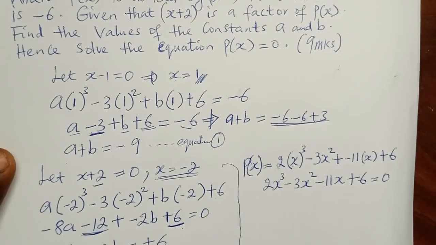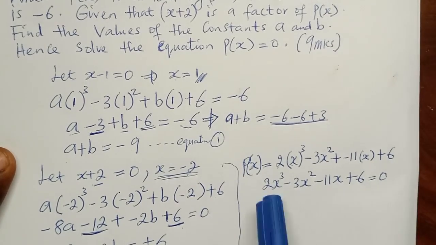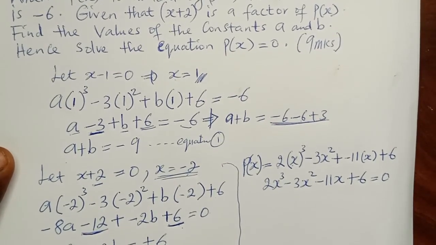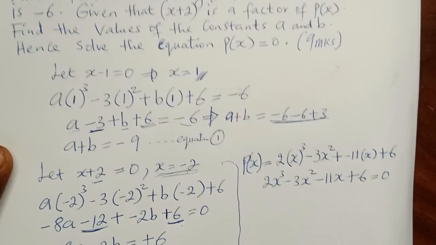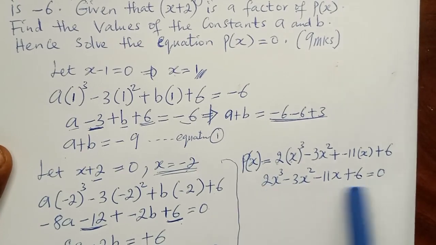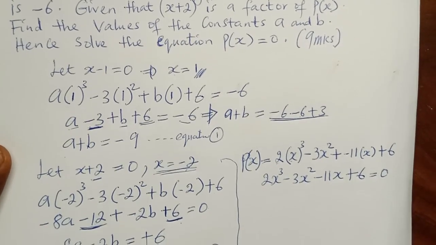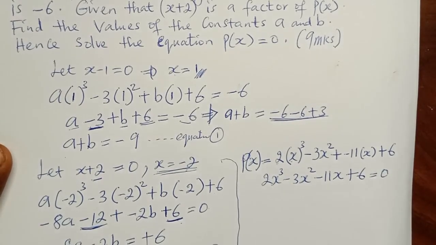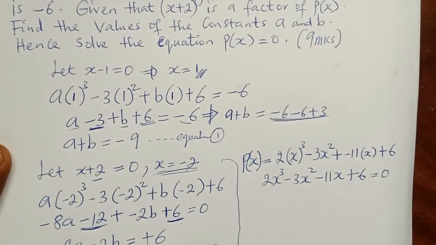Now they want us to solve this expression to look for the values of x. Of course, looking at this, you're going to see that we have x cubed here. Solving this expression with the quadratic formula is not going to work because of the x cubed. If we had just x squared, then we could use the quadratic formula: minus b plus or minus square root of b squared minus 4ac, divided by 2a.